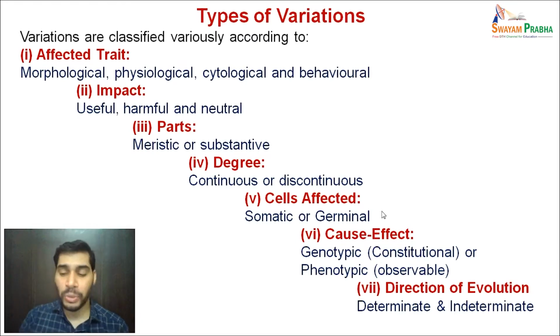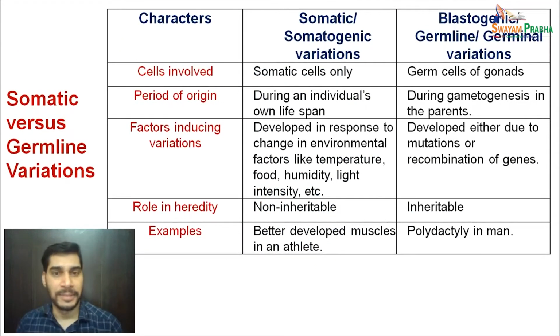Now let us quickly see what we mean by this. Let us first talk about somatic versus germline variations. That means the classification of variation based on the type of cells which are being affected. Now, if you see the character and try to differentiate between somatic variation and germinal variations, there can be differences depending on the cells involved.